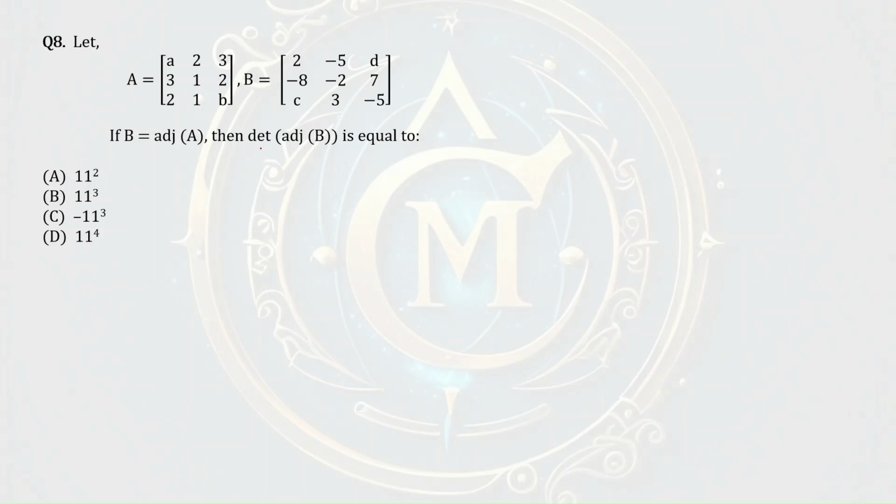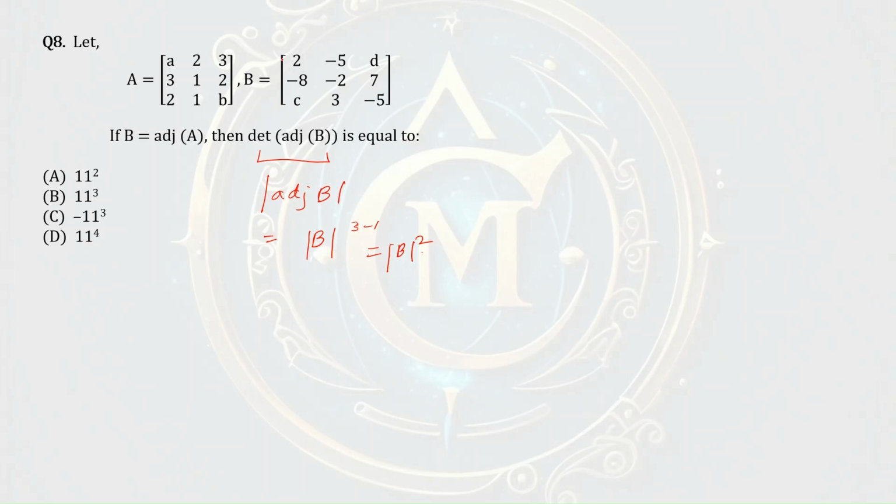Then we are asked to find the determinant of adjoint of B. So here we know that determinant of adjoint of B will be simply, as B is a 3 by 3 matrix, determinant of B to the power 3 minus 1, so determinant of B square. So for calculating this value, we need to find determinant of B first.